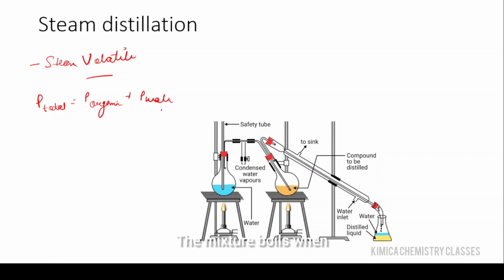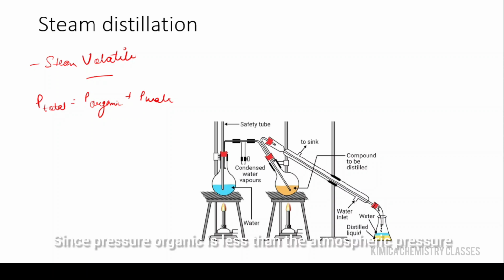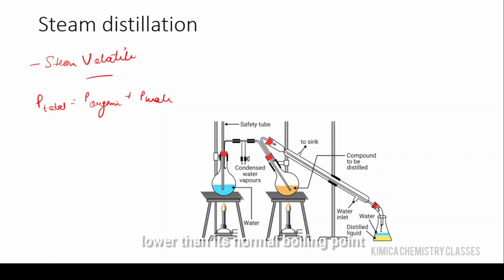The mixture boils when the total vapor pressure equals the atmospheric pressure. Since P organic is less than the atmospheric pressure, the organic liquid vaporizes at a temperature lower than its normal boiling point. The mixture of steam and the organic compound vapor is then condensed and collected.